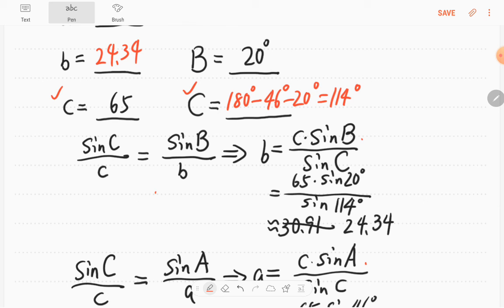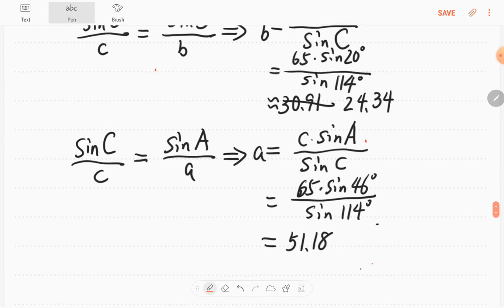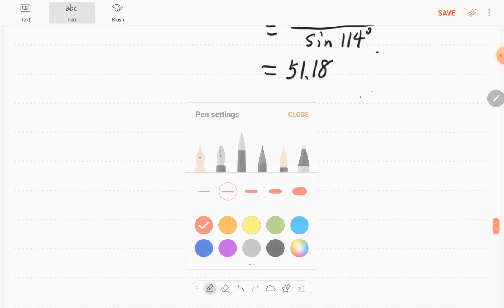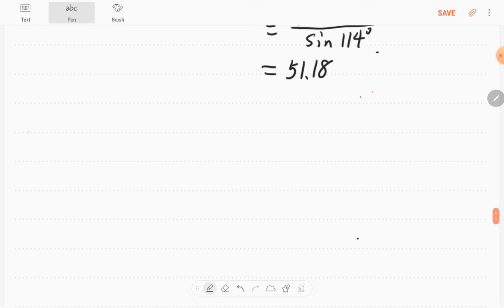So the next case is about SSA. So we know two sides and one angle, but this angle is not between these two sides. Okay, so this is a very complicated case which is called the ambiguous case.